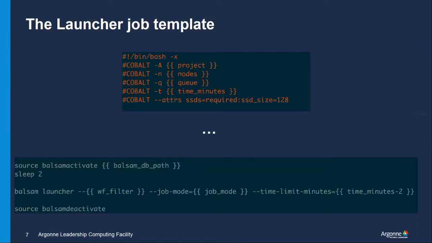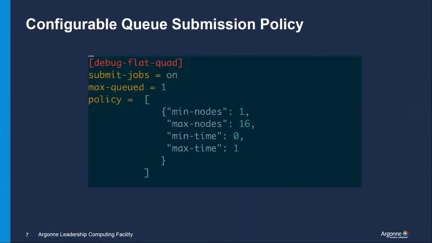And in the middle, we set up some environment variables and we run this Balsam launcher command. And so this here is what actually operates on the mom node, like I showed towards the beginning of the talk. And so you can use this outside of a template. You can very well write your own scripts that invoke Balsam launcher after pointing at the right database.